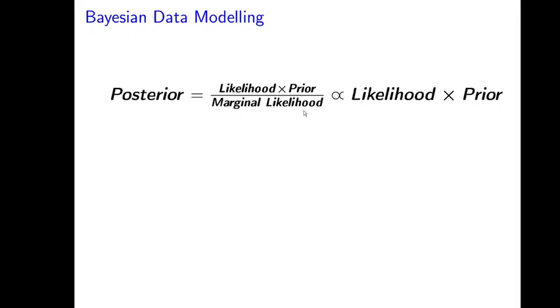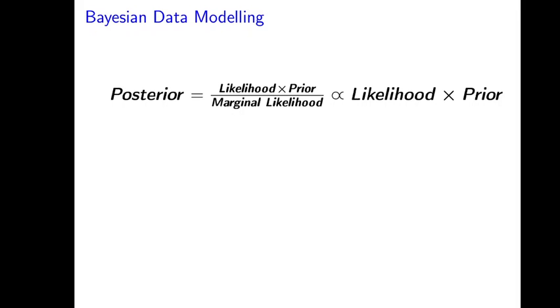In most of the Bayesian inference applications, we usually ignore the marginal likelihood probability simply because this is a model independent parameter. It doesn't have anything to do with the modeling itself, with the parameters that you are looking for.